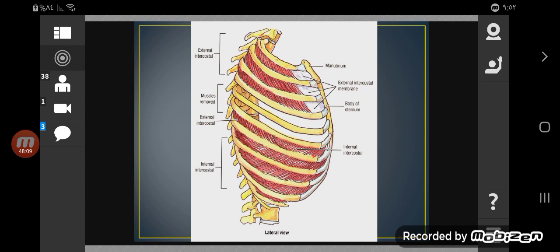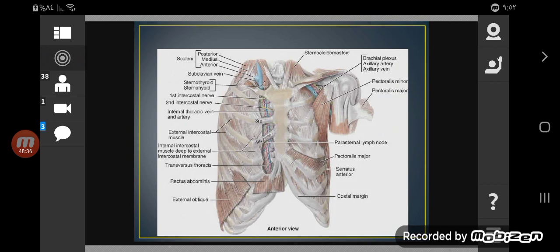As you see in this picture, internal intercostal muscle fills the intercostal space from the lateral border of the sternum. The direction of the muscular fibers, as you see in this picture, is antero-inferiorly, and it continues at this point.